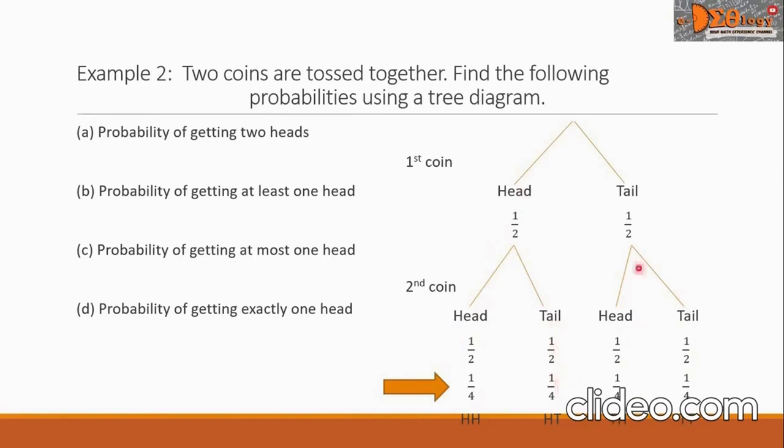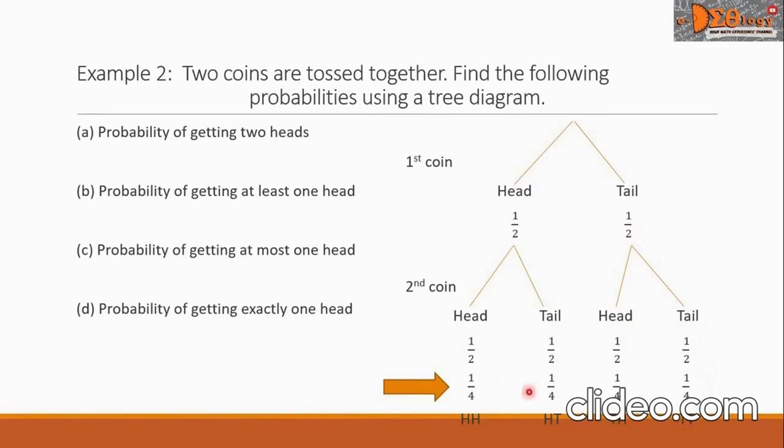The next is when the first coin is tail and the second coin is head, the probability is 1/2 times 1/2, and the answer is 1/4. And the last, when the first coin is tail and the second coin is tail, the probability is 1/2 times 1/2, and that is 1/4.